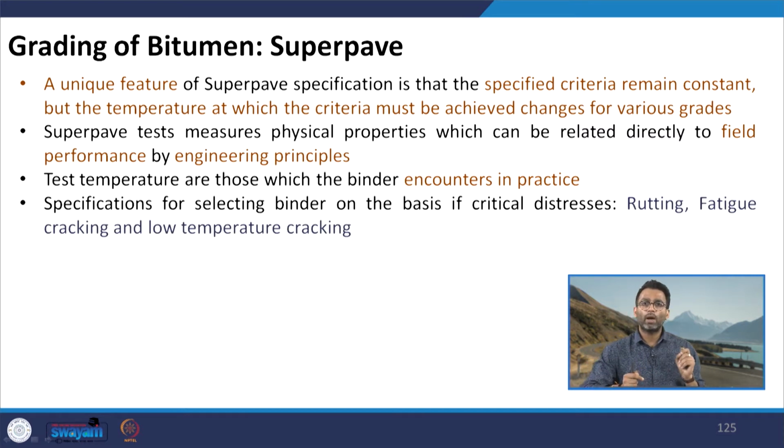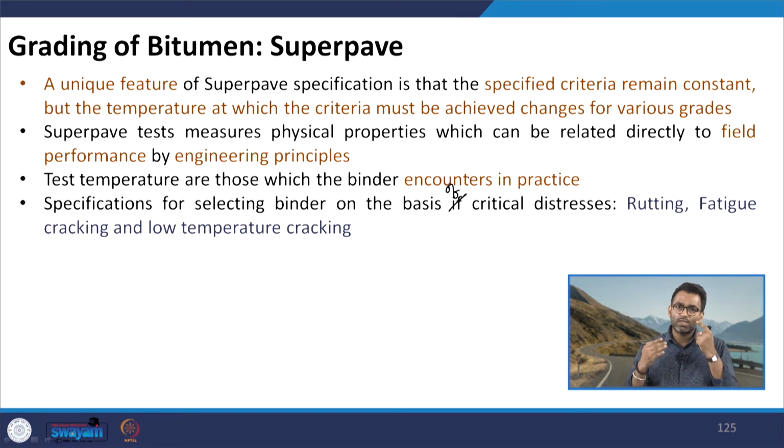Specifications for selecting the binder on the basis of critical distress. So, here the target is to select a binder so that this binder is able to resist the critical distresses, and these critical distresses are permanent deformation or rutting which occurs at higher temperature or higher average maximum temperature of the pavement in service, fatigue cracking which takes place usually at intermediate temperature ranges, and low temperature cracking which is a non-load associated cracking, or you can say thermal cracking.